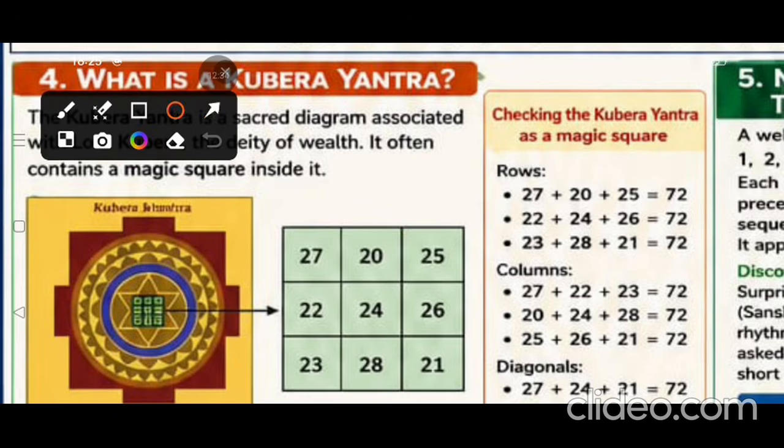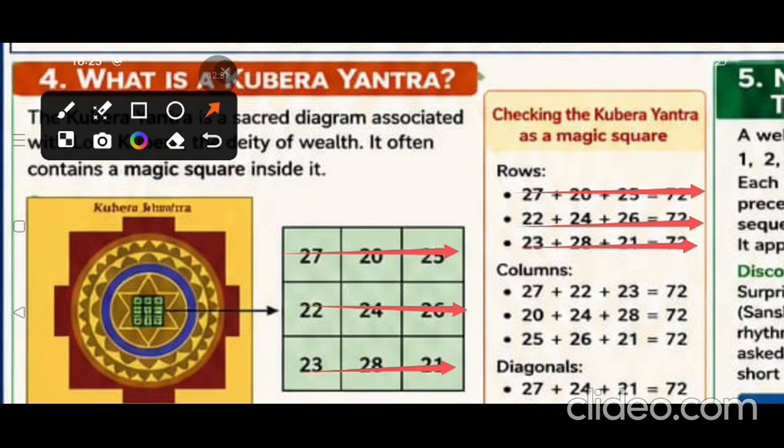Let's check. In the first row, 27 plus 20 plus 25, the sum is 72. 22 plus 24 plus 26, the sum is 72. 23 plus 28 plus 21, the sum is 72.